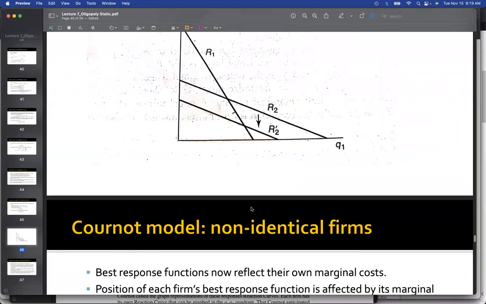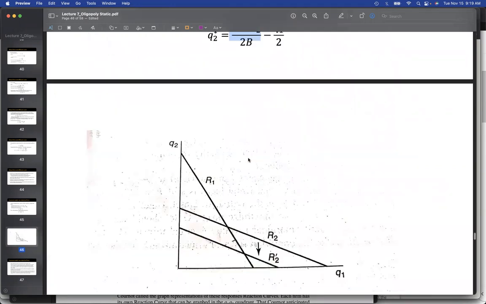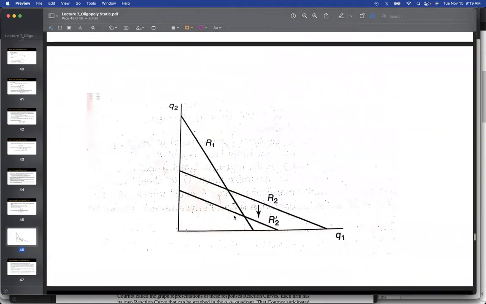Mali. So reaction function of firm 2 pala to. This is the cost of firm 2. So the cost of firm 2 goes up, the reaction function slides down. This one goes up, this one slides down. And that means that q2 will be smaller than q1 because mas costly ang output ni firm 2.